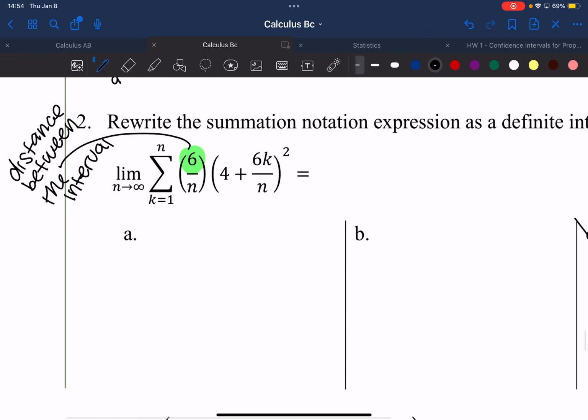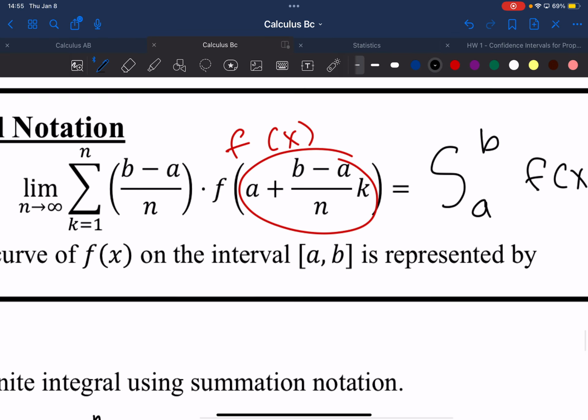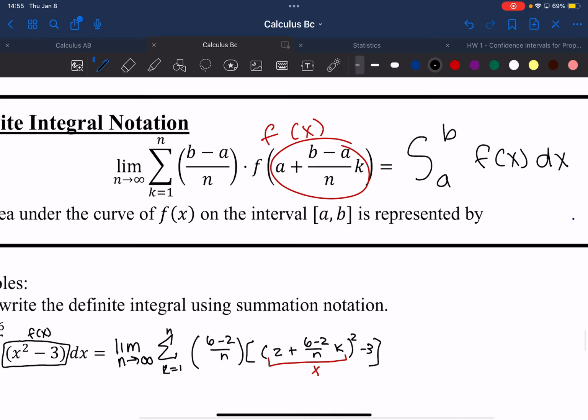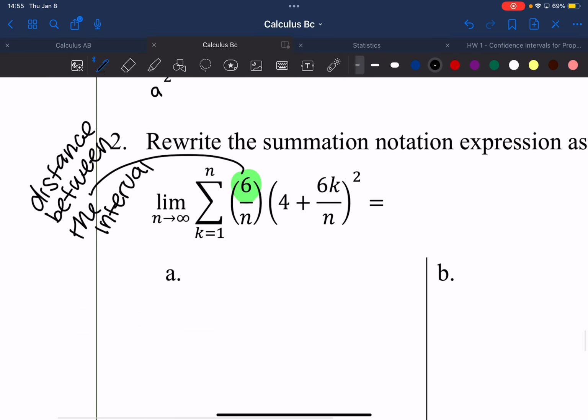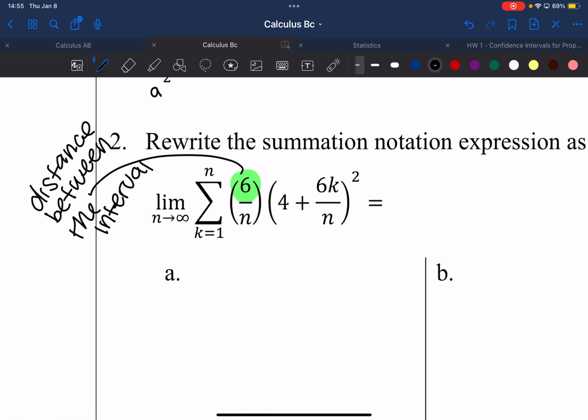Okay, so the very first way we could think of this is we could use the definition, and in the definition it says f of a plus b minus a over n times k. So I'm talking about, again, that second part of the formula up here. Well, if we follow that, it technically gives us a. What would be a in that case? 4. So if we're using that original definition, we're going to say a is 4.